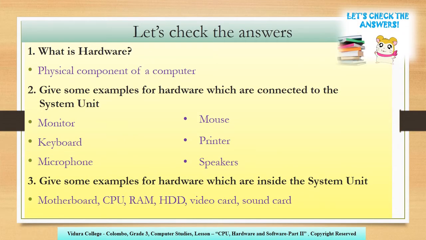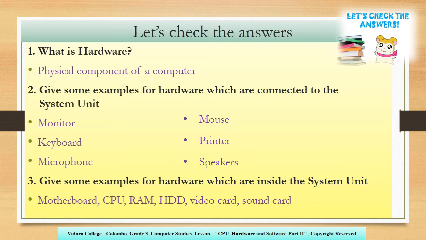Shall we check the answers? Question number 1. What is hardware? The answer is physical component of a computer. Second question. Give some examples for hardware which are connected to the system unit.